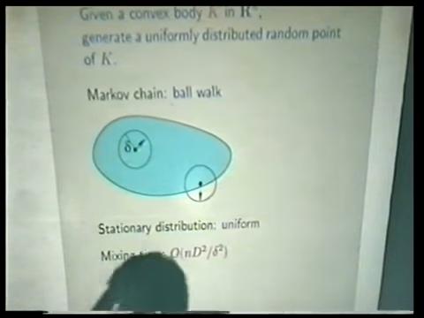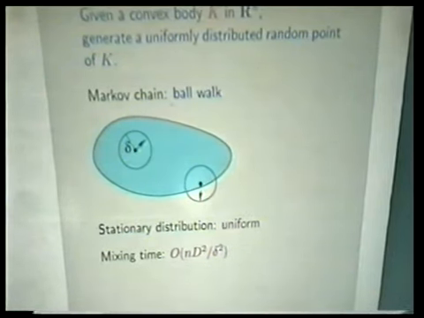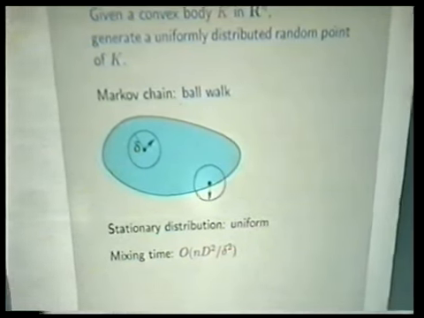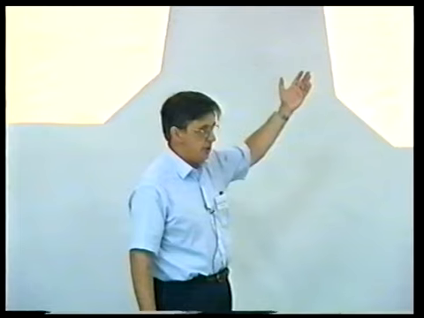Let me mention that the first version of this algorithm was given by Dyer, Frieze, and Kannan 10 years ago. And that was the first polynomial time algorithm for sampling and, as an application, for computing the volume of such bodies, which is probably the main application of this particular method.